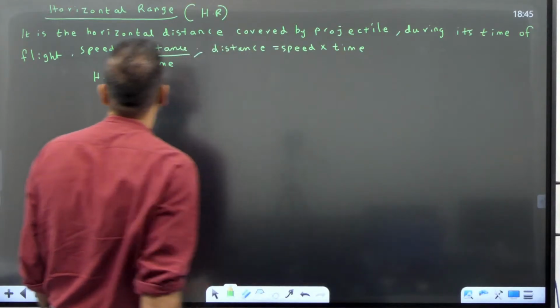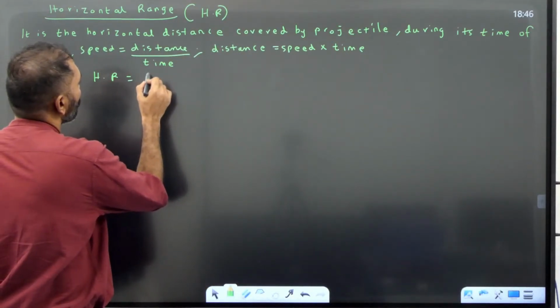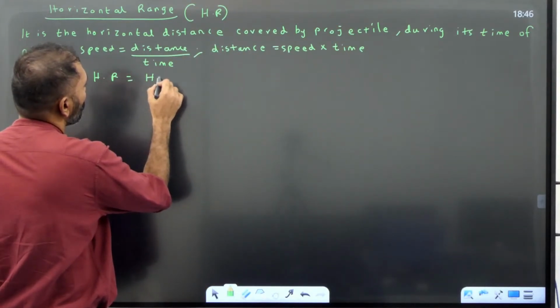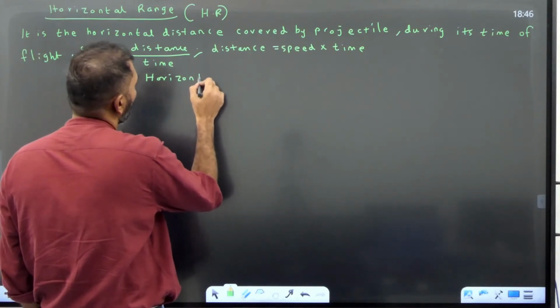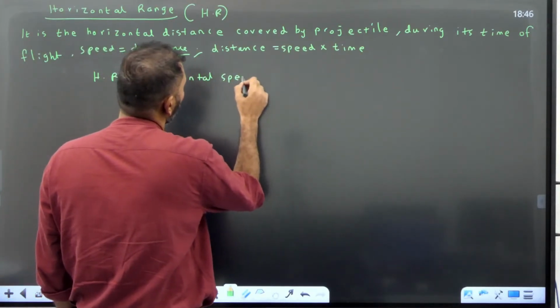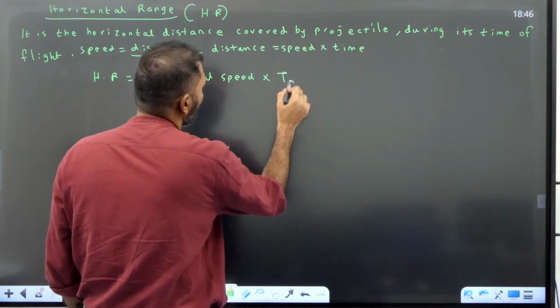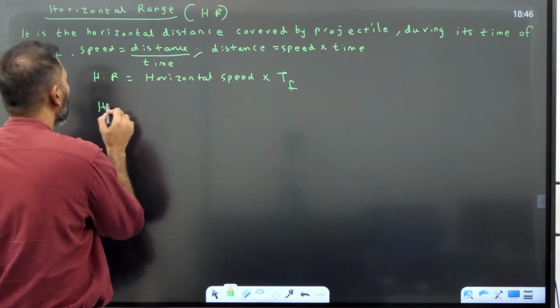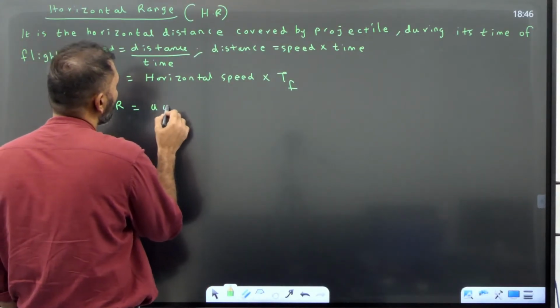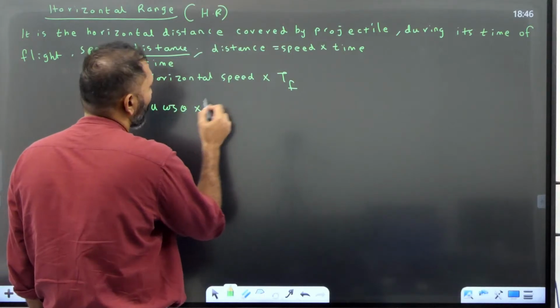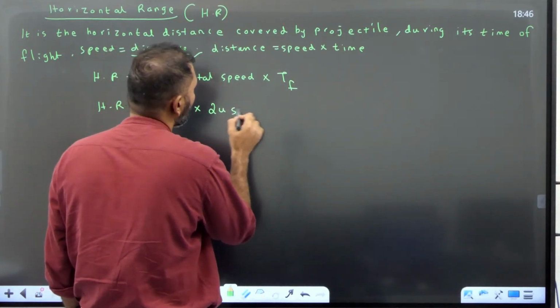So horizontal range is equal to horizontal speed into time of flight. What is horizontal speed? u cos theta. Time of flight is what? 2u sin theta by g.